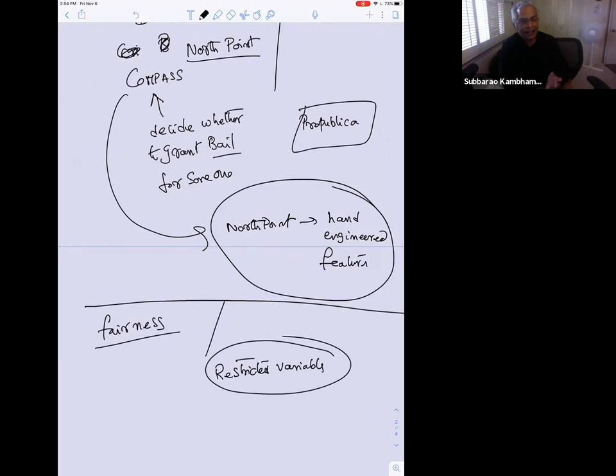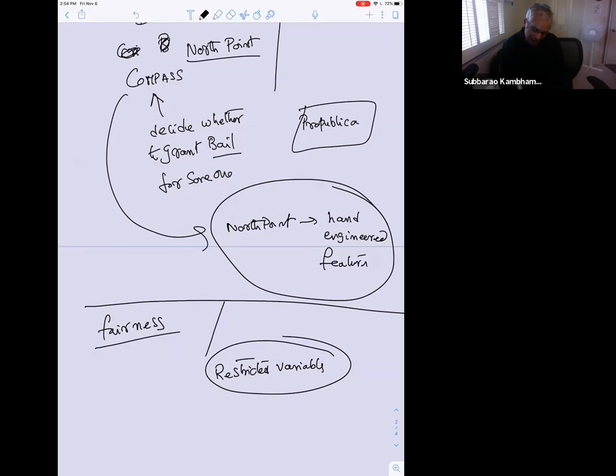You may not tell the judge or the system about the race of the defendant. You may not tell the system about the annual income of the defendant. Do you understand what I'm saying? And if you do this, then you can nicely pat yourself on the back saying, look, I'm not racist. I am not against poor people.